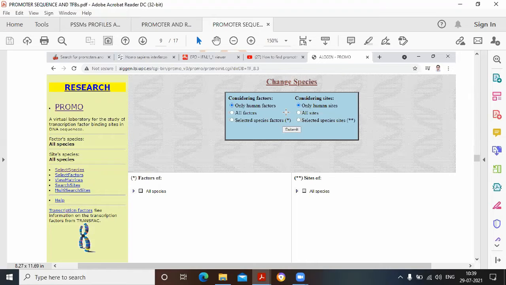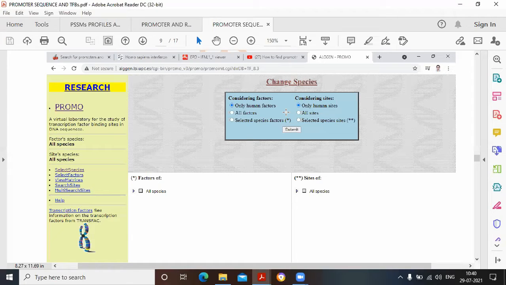Actually, what I'm looking for here is to find out what various transcription factors can bind with this particular selected upstream region with respect to that IFNL1 mRNA sequence. Got it?